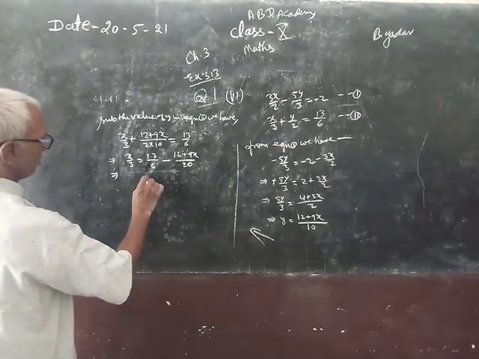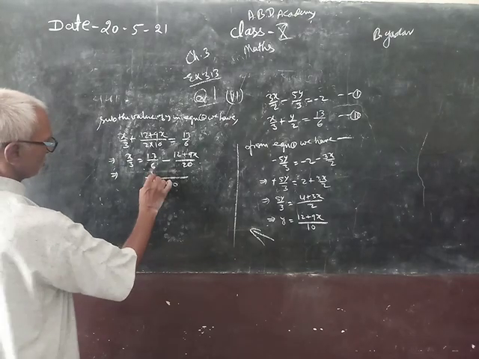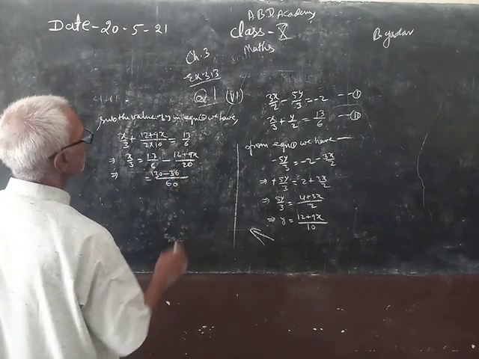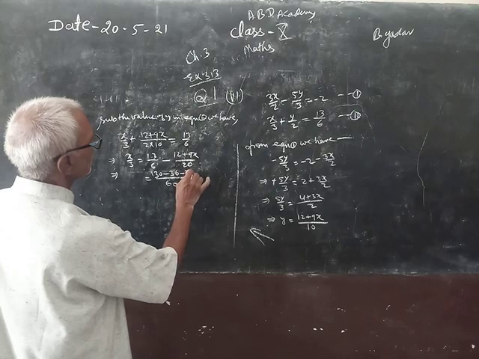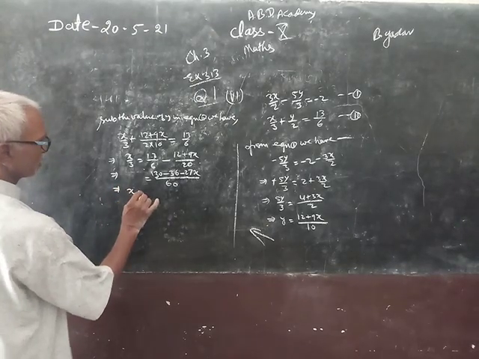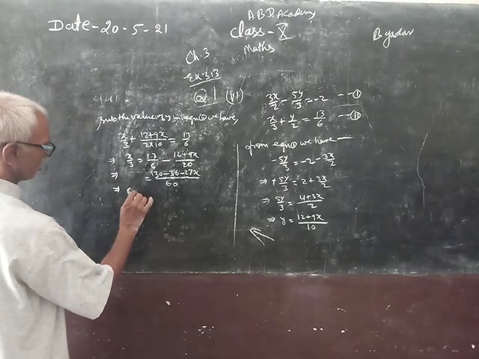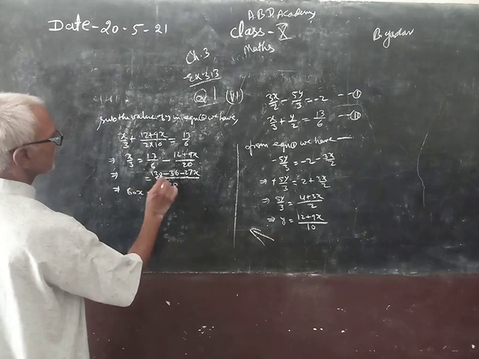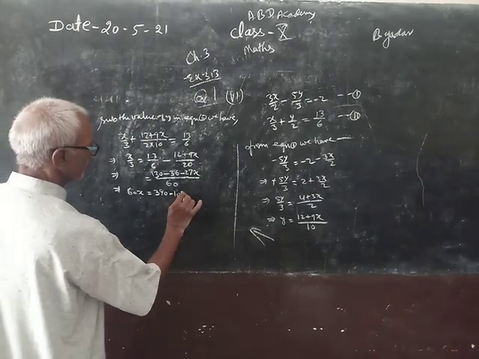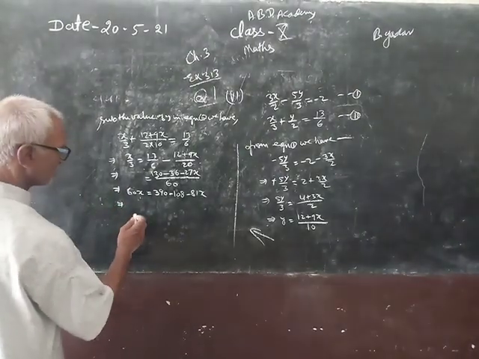Here the LCM of 6 and 20 is 60. Cross multiply, 60x is equal to 3 into 130, 390 minus 108 minus 81x, which implies 81x will come here.